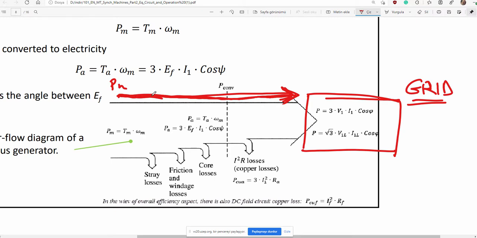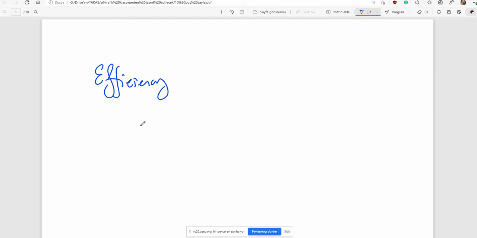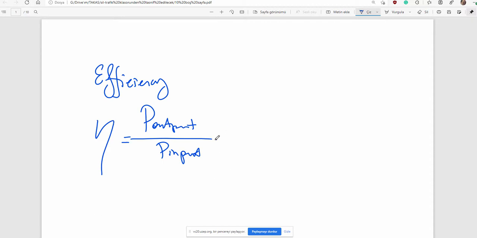That is the main power artery. And then you know what the efficiency is. Efficiency is always output power over input power. Now that is the efficiency. If you multiply it by 100%, so you can express efficiency as percentage.